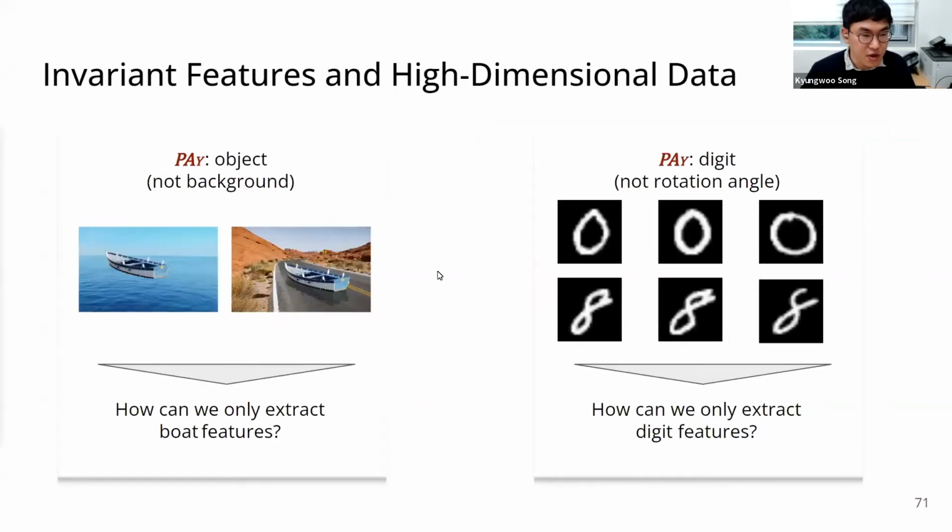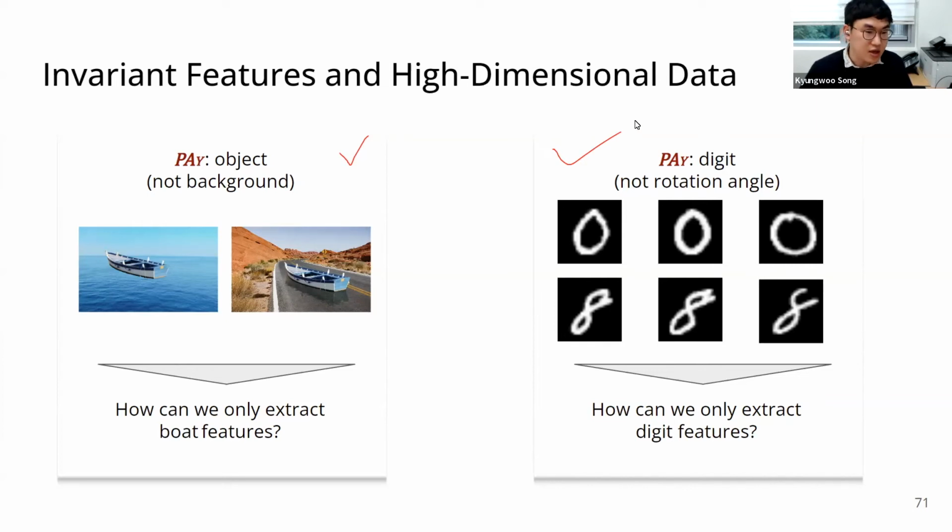Let's see the image case in detail. In the left case, the invariant feature is the object, not the background. However, it is not trivial to extract the invariant features only from the raw image. In the right case, the invariant feature is the digit, not the rotation angle.